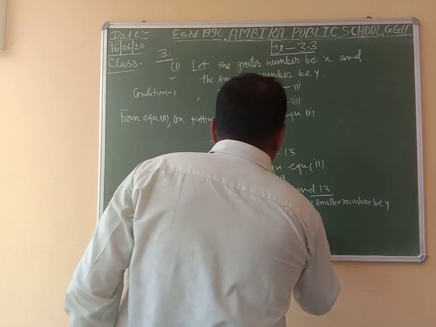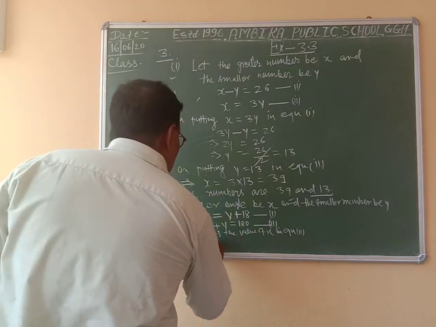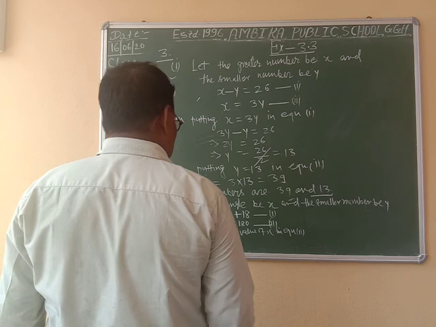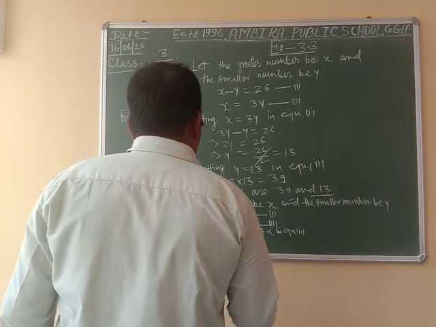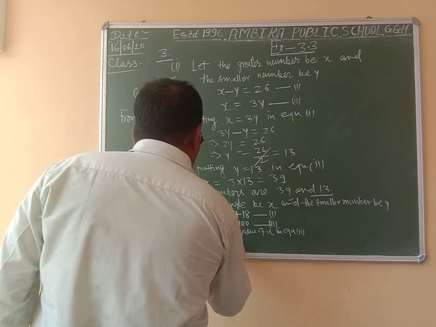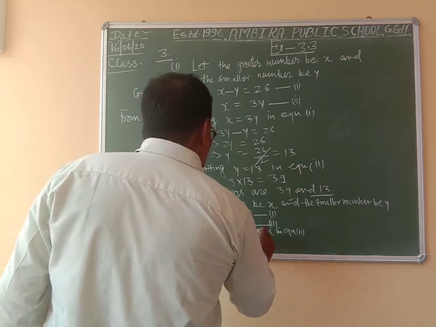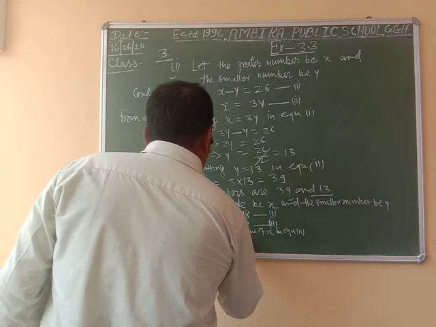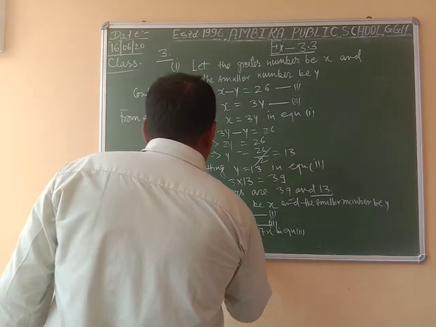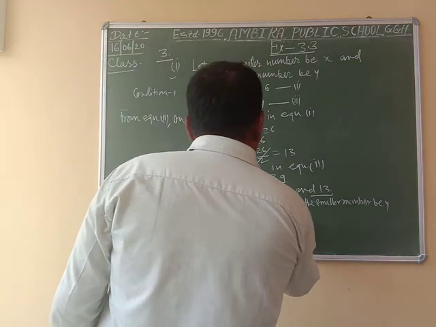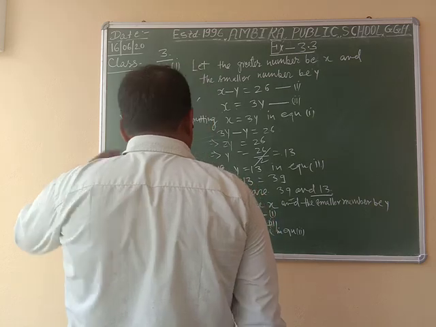In equation 2, we have y plus 18 plus y, because the value of x is equal to y plus 18 given in equation number 1.